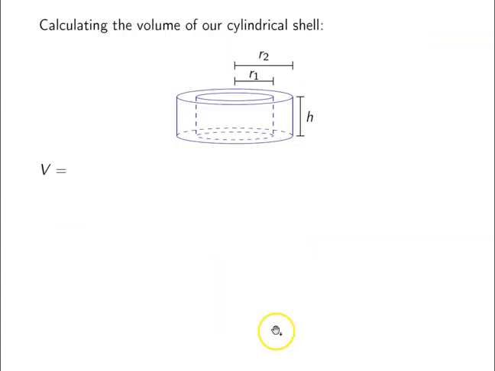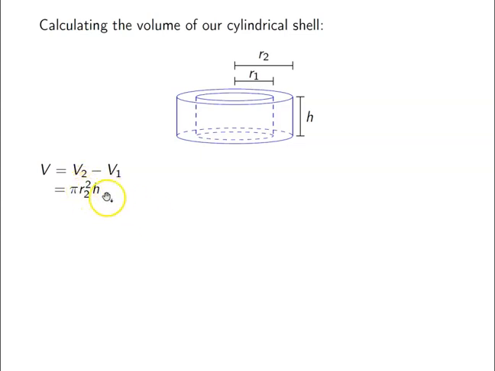In order to find the volume of the shell, it's the volume of the outer cylinder minus the volume of the inner cylinder. If you don't remember how to find the volume of a cylinder, all you're doing is taking the area of the face of the bottom and multiplying that times the height. Very similar to thinking about it as an integral.